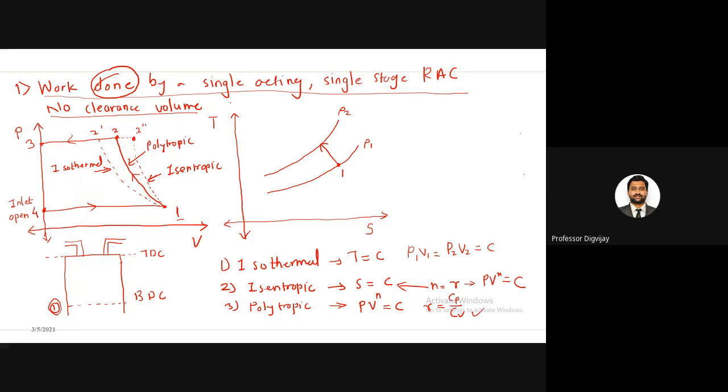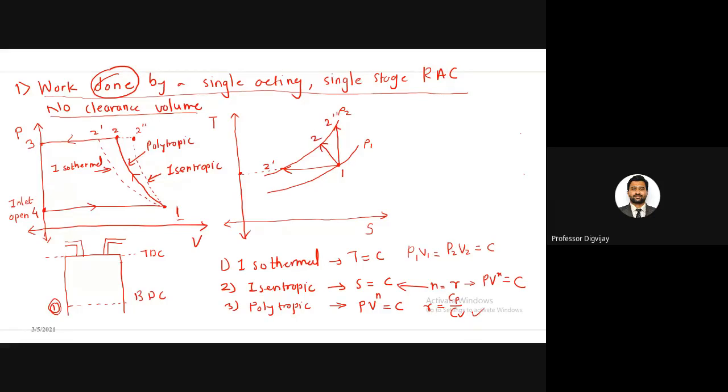In case of the TS diagram, I can also show it. Isothermal means temperature is constant, so that will be a horizontal line: 1, 2, 2 dash. Why is it isothermal? Because if I extend to this axis, the temperature remains constant at a point. And if I go for the isentropic process, entropy remains constant, so this will be a vertical line: 1, 2, 2 double dash.